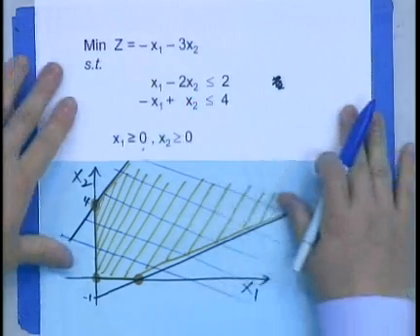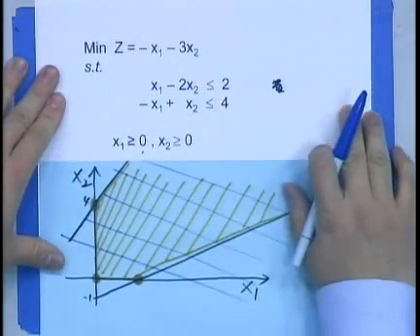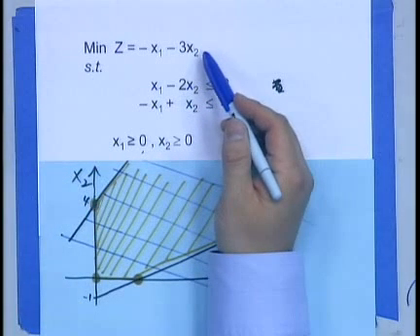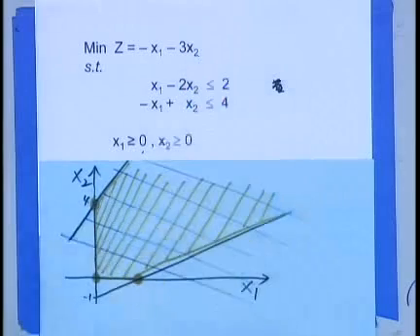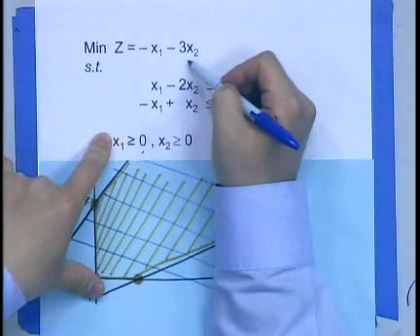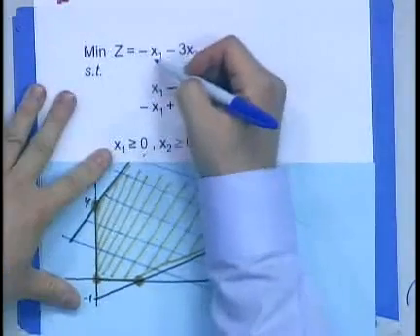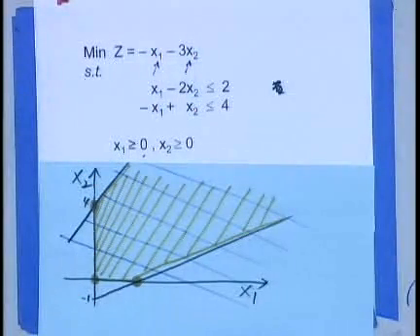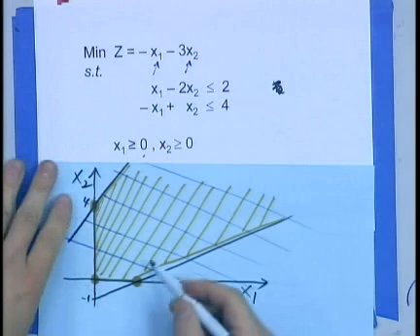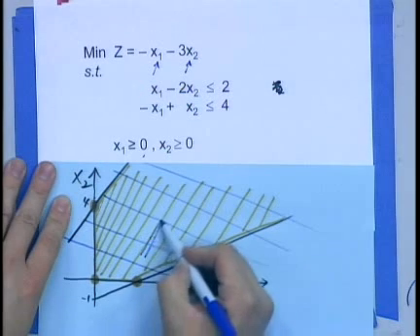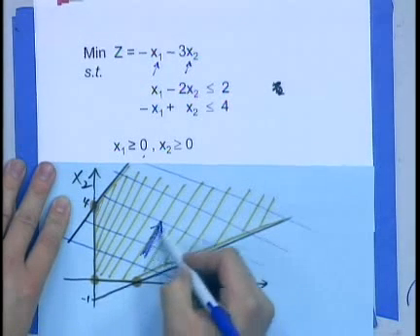And in this problem, the objective function value will be improved if both x1 and x2 increase. Is that right? So the isovalue line should be moved this way. Is that correct?